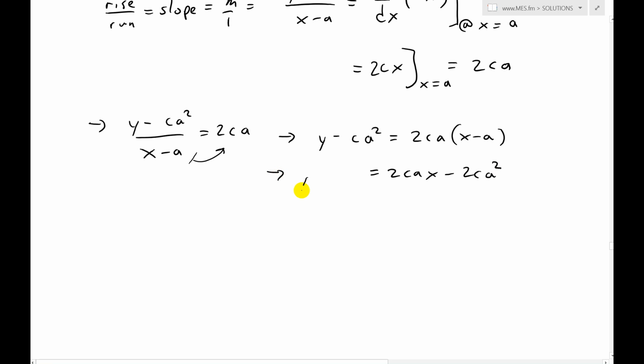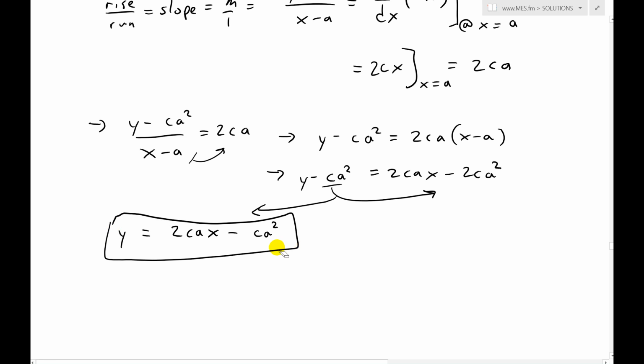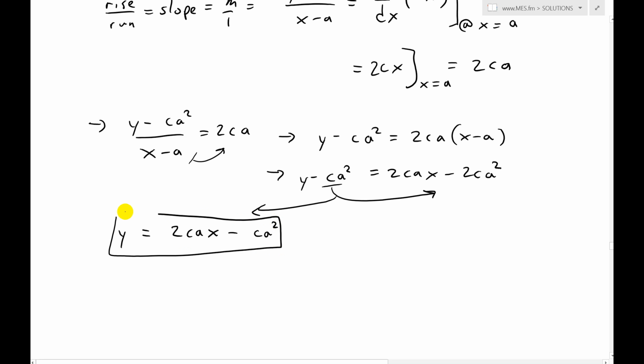Now let's move this over to this side. So now we have negative ca squared and this negative 2ca squared. When we add that up, this is going to be plus, so y equals 2cax minus ca squared. Because we have a minus 2, we have to add 1 when we move it over. So now this is our equation of the tangent line at a generic point, x equals a.